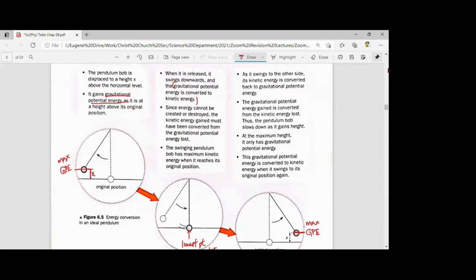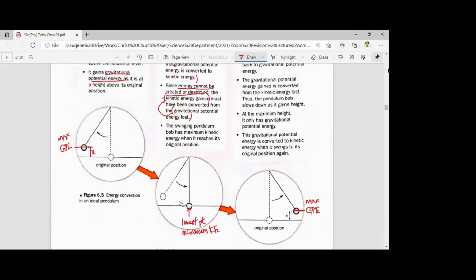Applying the principle of conservation of energy, since energy cannot be created or destroyed, the GPE lost must be equal to the KE gained. Whatever GPE is lost, because the pendulum bob is getting lower and lower, the GPE loss must be converted to KE gain.